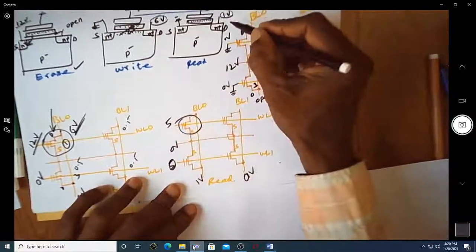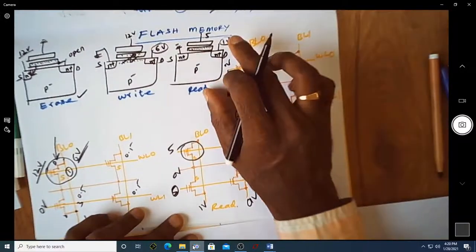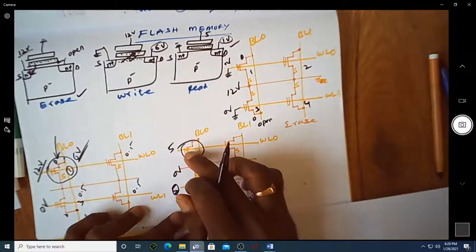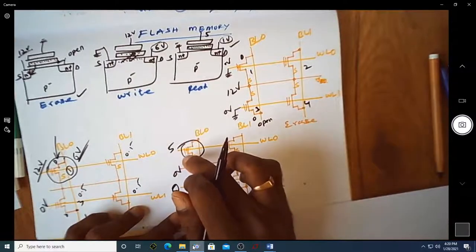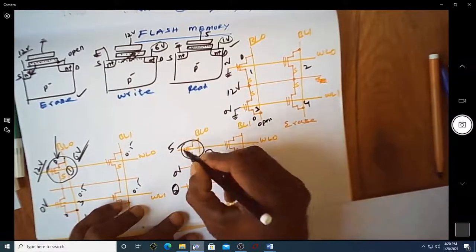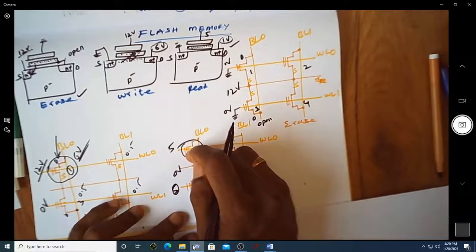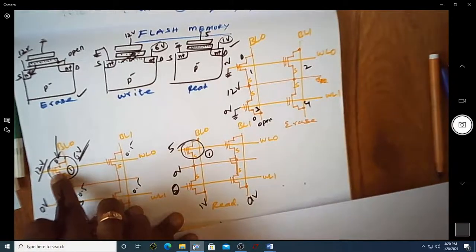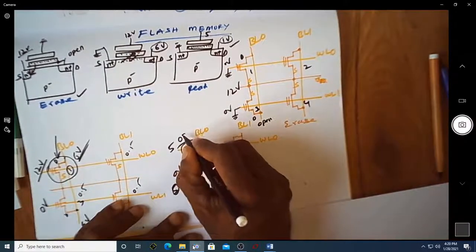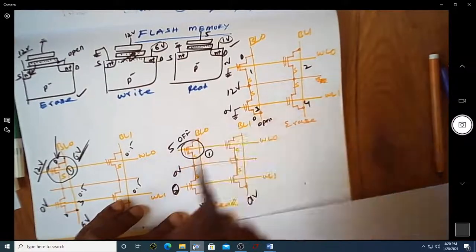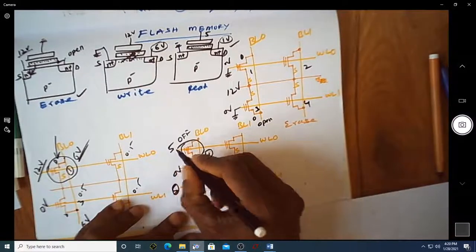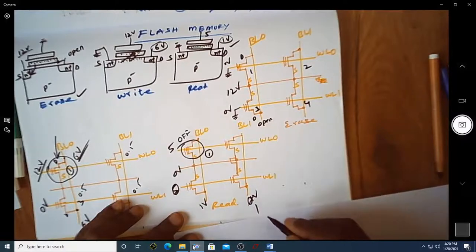Since you have this type of configuration connected to this particular transistor 1, and this transistor has an enhanced threshold voltage of 6 volt, this will be in the off condition. Assume that you make this equal to 5 and this equal to 1.